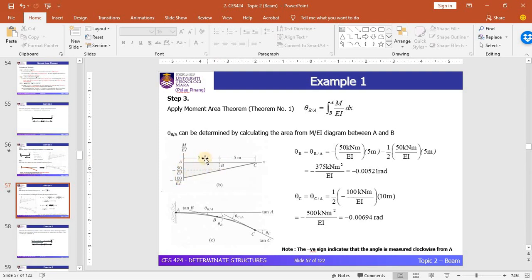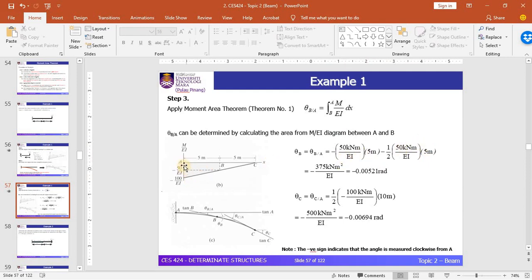Based on this solution, the area has been divided into two shapes, a rectangle and a triangle. The first term refers to the rectangle, and the second term refers to the triangle.